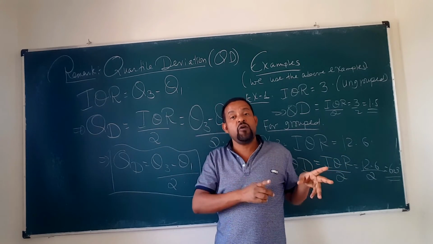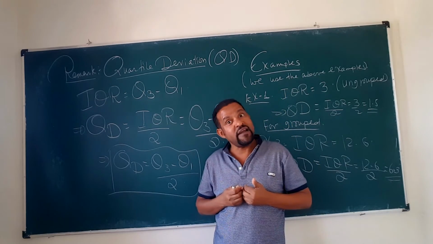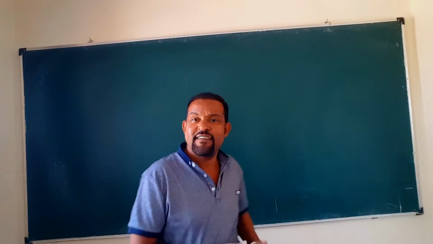So Q3 minus Q1 over 2 ስለሆነ the interquartile range divided by 2 ነው ማለት. So what is the limitation of the interquartile range?